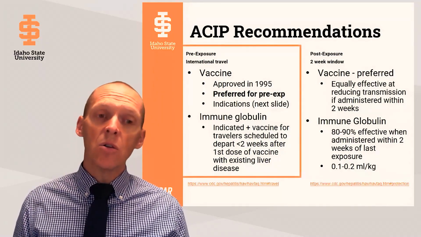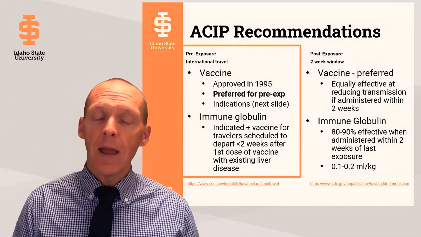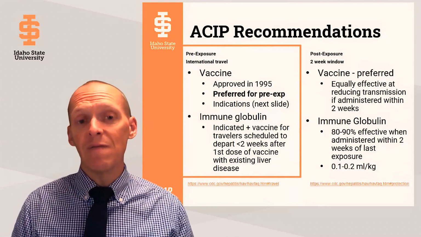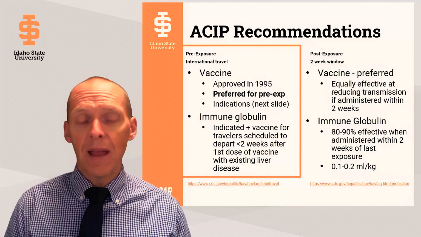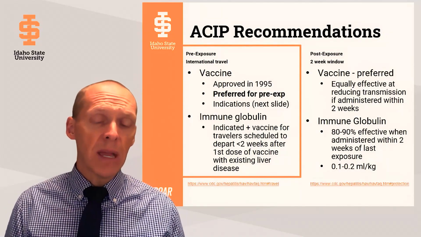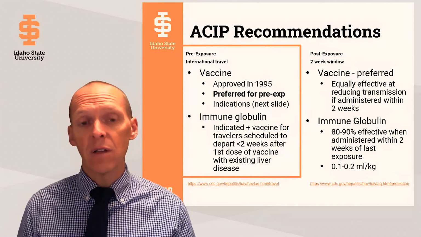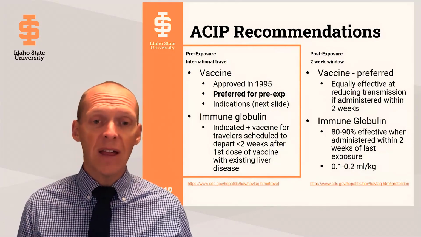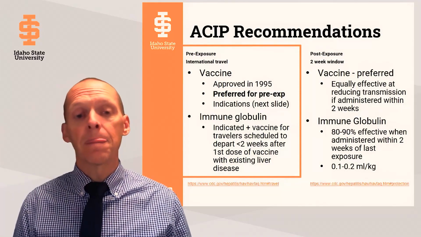Pre-exposure is used in individuals who are traveling internationally to areas of high rates of hepatitis A who have not been vaccinated. The vaccines were approved back in the 90s, and the patient should be vaccinated as soon as they know they are going to be traveling, preferably 6 months so they can get both doses of their vaccine, but at least a couple weeks before travel.